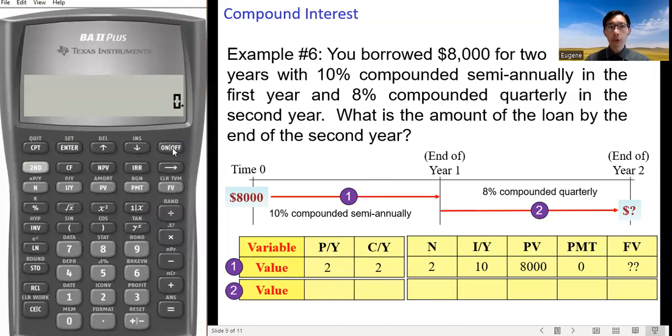Let's do the calculation. The frequencies, 2, and then the input for the TVM worksheet, 2 for N. IY is 10.